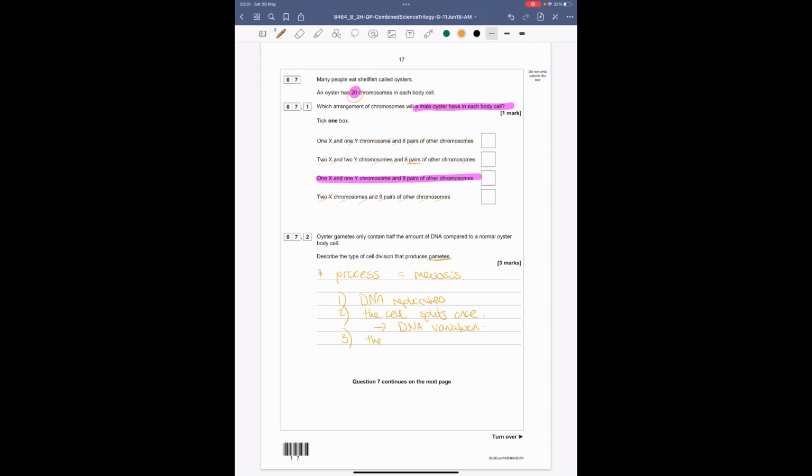Then the cell will split again, making 4 cells with half the amount of genetic material, and these are called haploid cells. So a cell that has a full amount of DNA is called a diploid cell. These ones, if they have half the amount of DNA, are called haploid cells. And because there is variation, they are all genetically different.